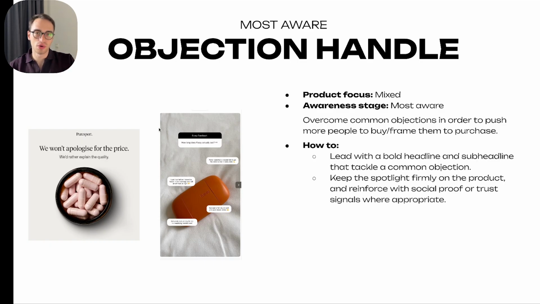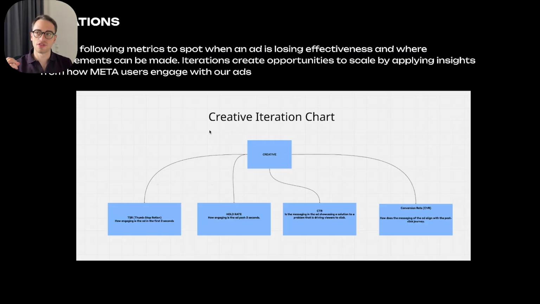One of the most common objections for a natural deodorant brand, because I've worked with quite a few, is whether it actually lasts all day compared to a mainstream deodorant. And they just go through the objection handling. Key thing here is we lead with a bold headline, a sub headline, and tackle the objection and show proof where possible.